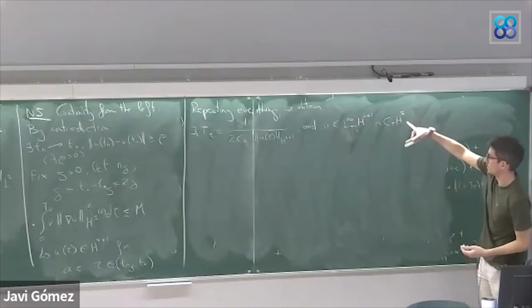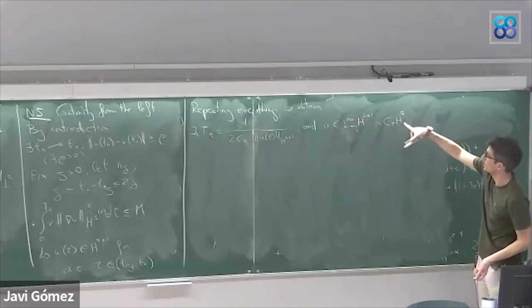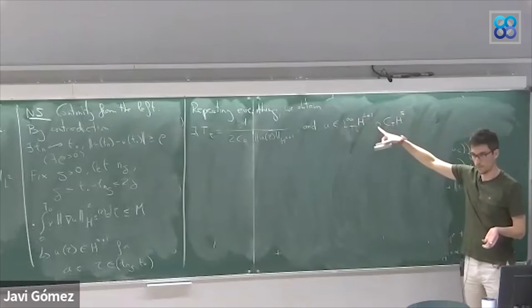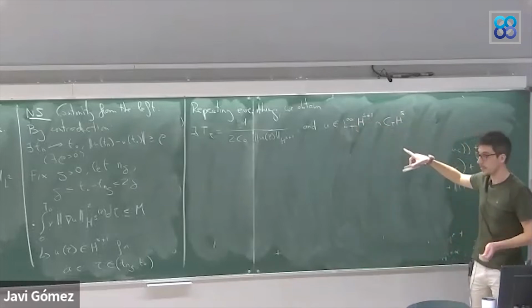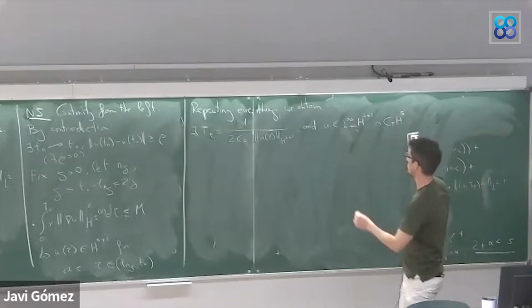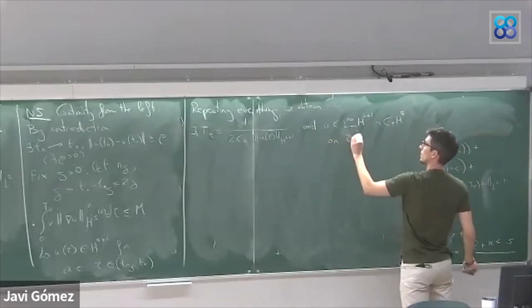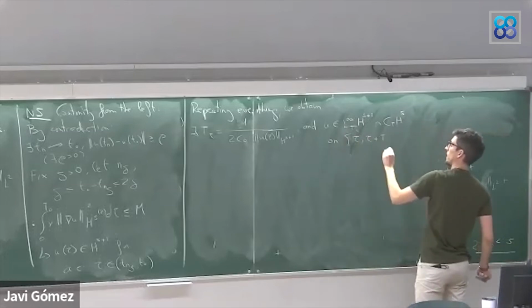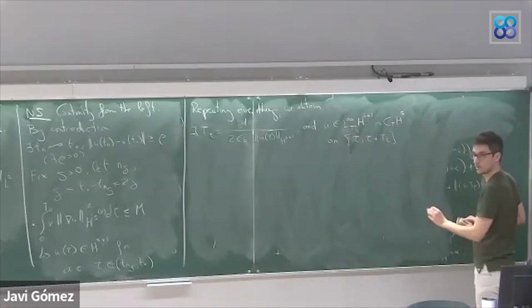In particular, this is better than this. It's continuous in any Hr with r less than s plus 1, like before. Now, this is on tau, tau plus theta.